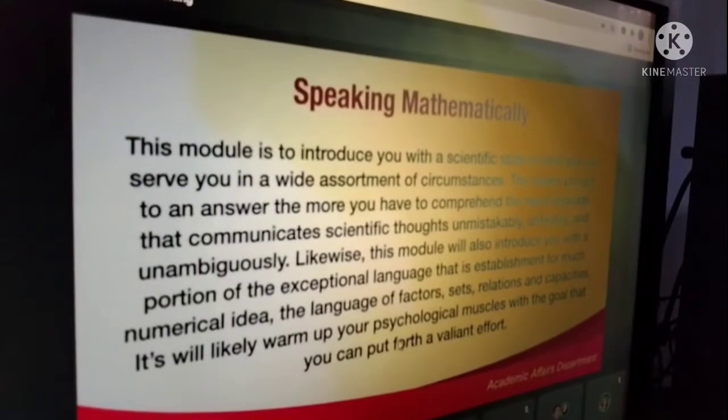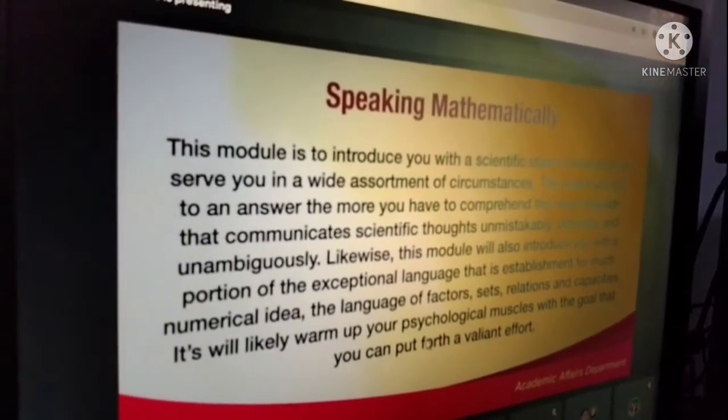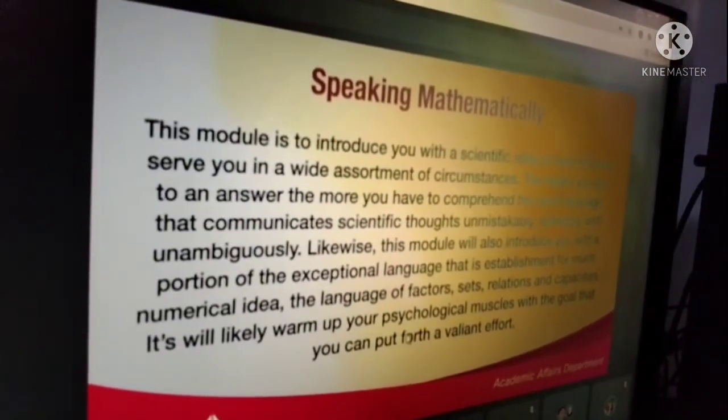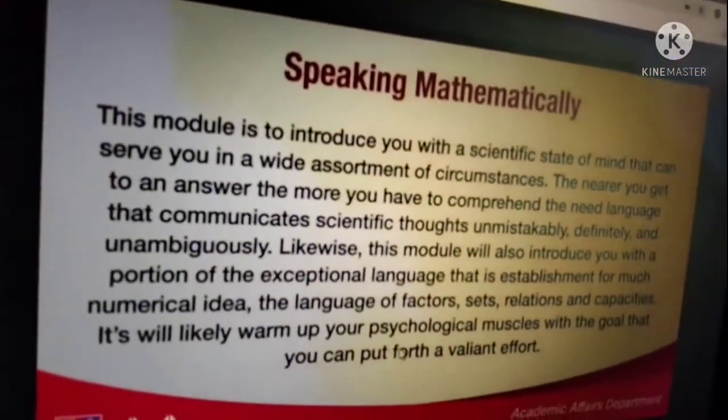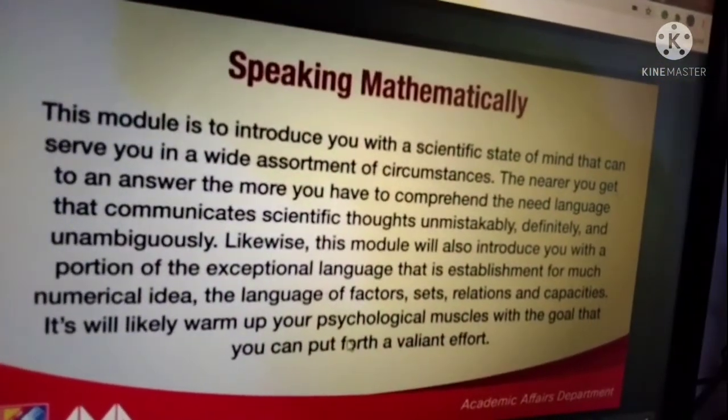Well, apparently, it is possible to speak mathematically. This module is to introduce you with a scientific state of mind that can serve you in a wide assortment of circumstances. The nearer you get to an answer, the more you have to comprehend the neat language that communicates scientific thoughts unmistakably, definitely, and unambiguously.